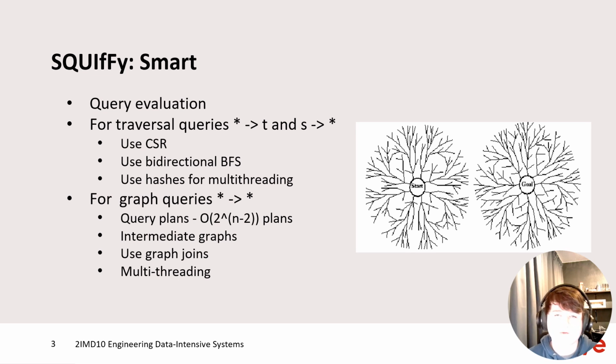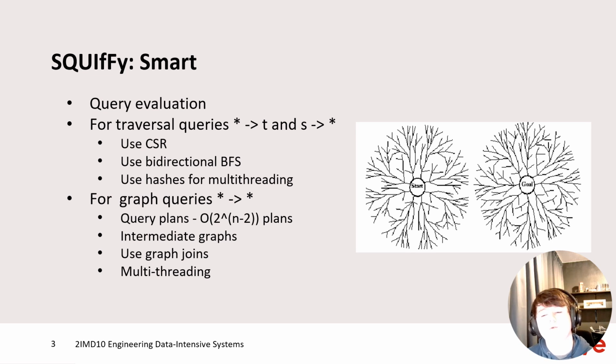For the graph queries, which we consider the biggest challenge for a quick execution, we will have to generate query plans. To generate all the possible query plans would be n-1 factorial, which is unfeasible. So we use a permutation seed to reduce the amount we actually have to calculate, and a k-1 technique that we found in a paper.